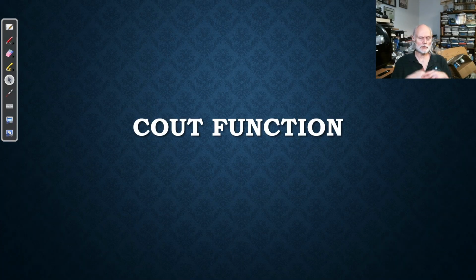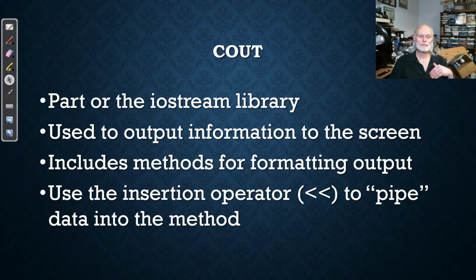Now, we're also going to look more at outputting data, and the cout function outputs data to the console, to the screen, in other words. It's part of the IOStream library used to output information, as I said, to the screen. It includes methods for formatting your output.